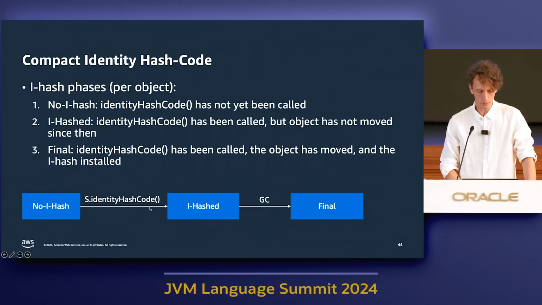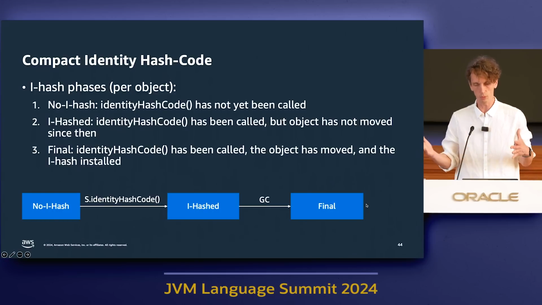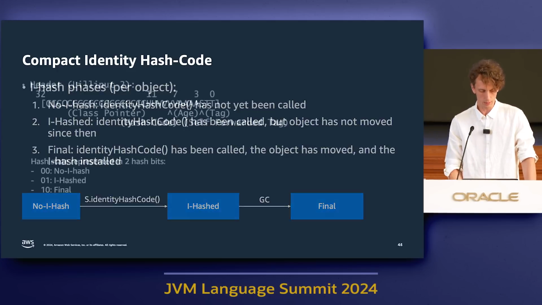Then, as long as the object doesn't move, we recalculate this hash code from the address. As soon as the object actually moves, we reserve a slot at the end of the new location of the object, because now we can do this. When we move the object, we allocate a new block anyway, so we can allocate one extra slot for the hash code and store it there. Every subsequent call then reads from that.